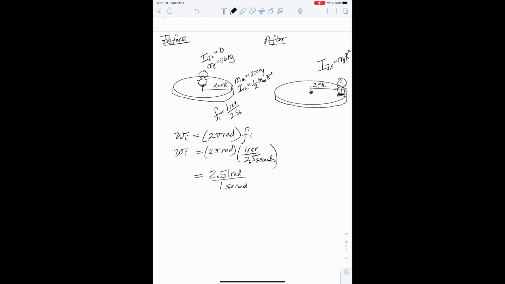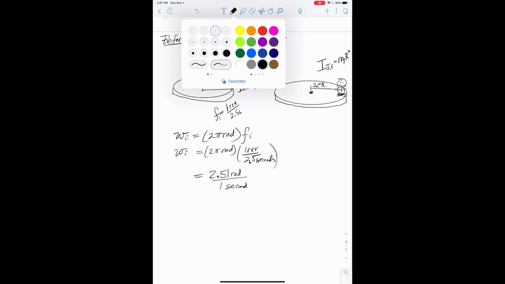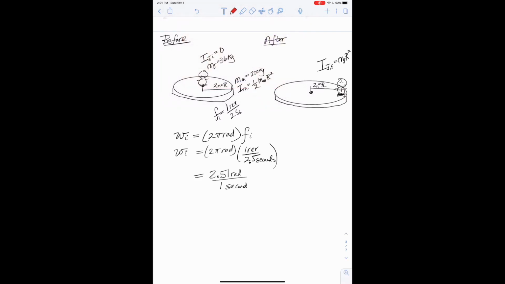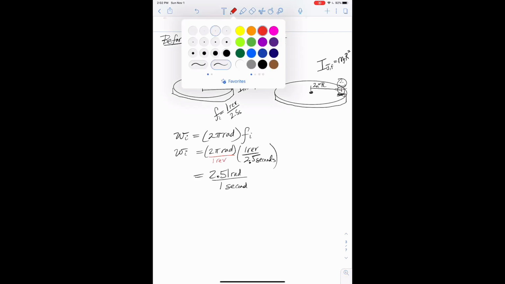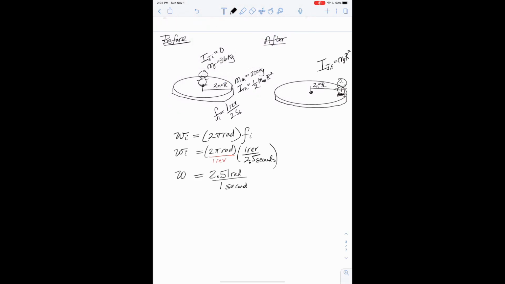You might say, well, what happened to the revolutions on top? Well, we have to remember that when we use this formula, it's really like it's saying that this is 2 pi radians per 1 revolution, right? And then the revolutions cancel away, and that's why we get what we get. All right, so there's our initial angular velocity.